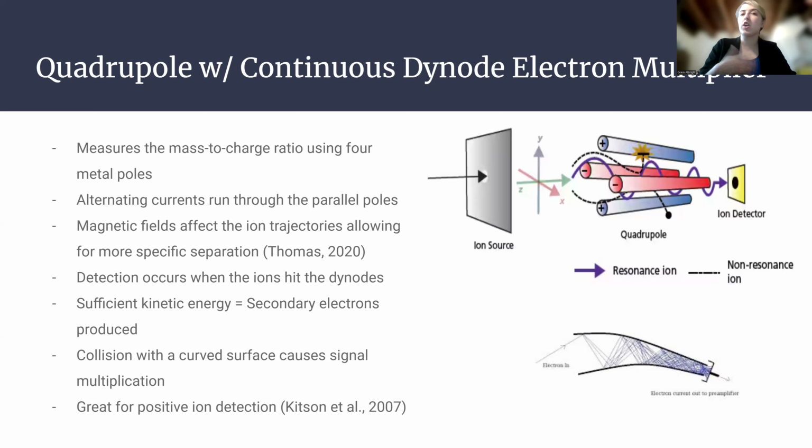Their collision with curved surfaces is what's going to cause the signal multiplication. As you can see in this bottom diagram there, it just gets bigger and bigger, so more bouncing. This type of detector, though, is really great for positive ion detection according to Kitson, but it can be reversed as well in order to detect negative ions.